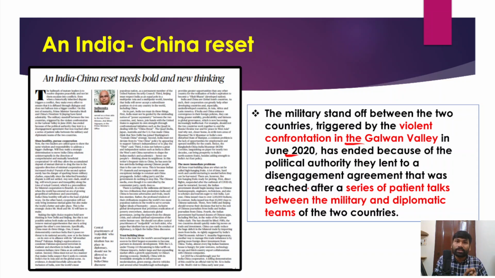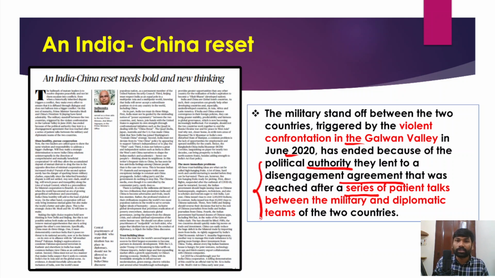This long standoff between India and China has ended because of the political authority that lent its support to the disengagement agreement, which was reached after a series of patient talks between the military and diplomatic teams of the two countries.